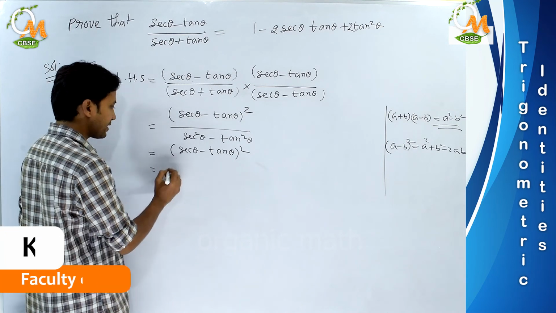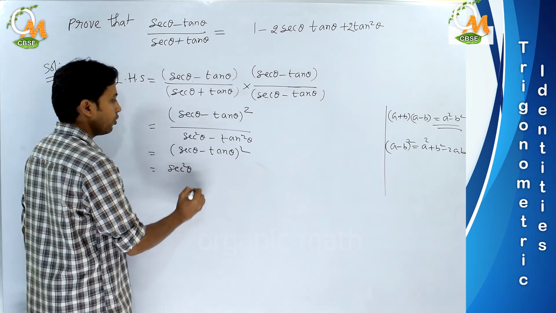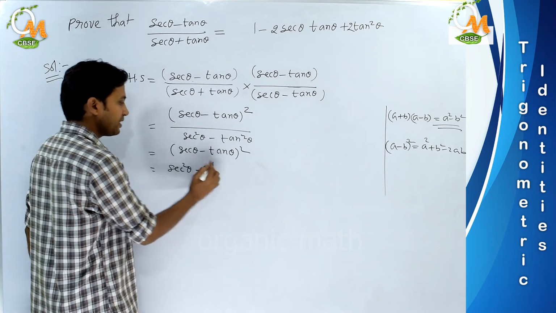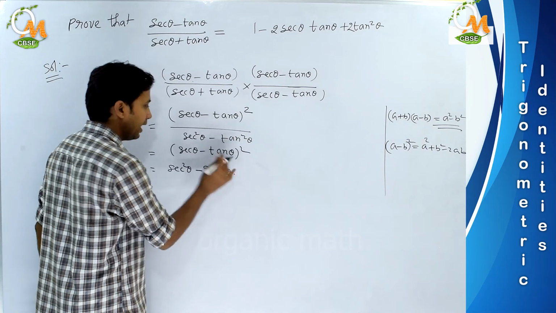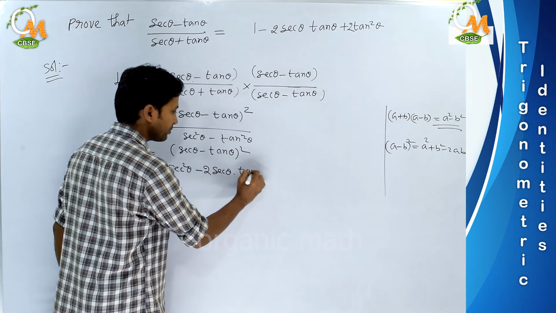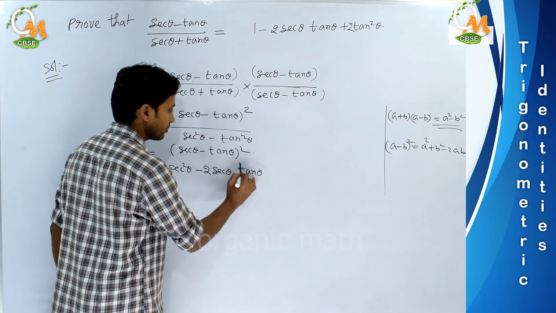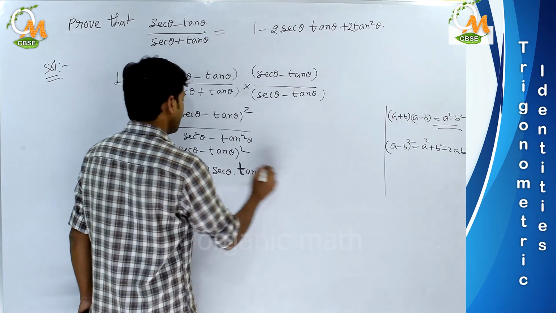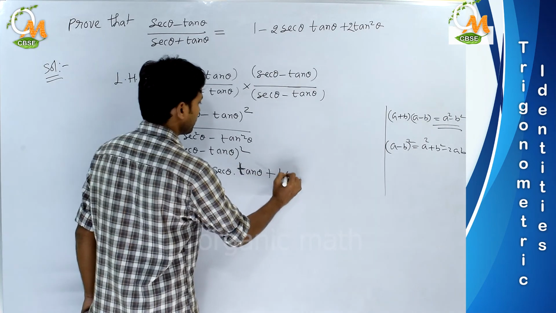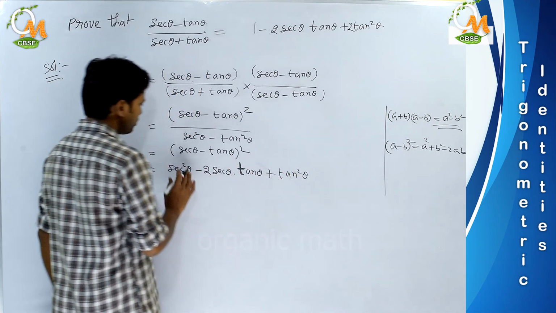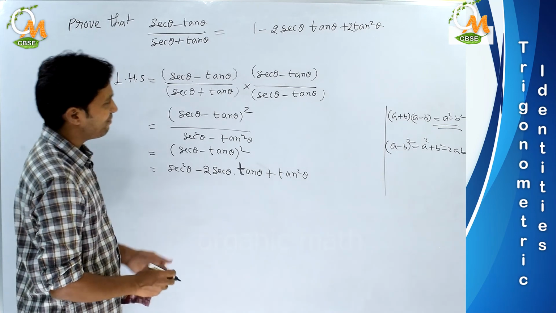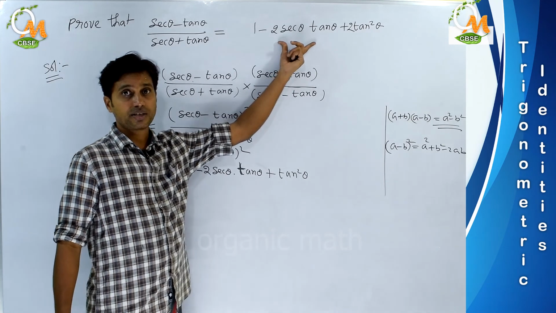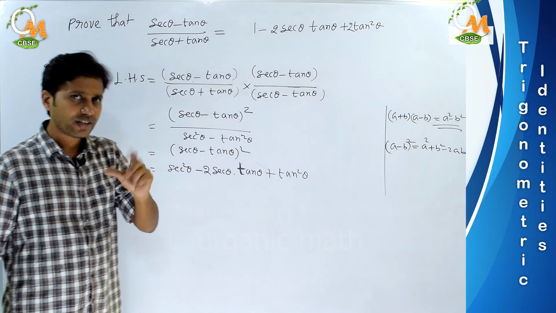A square means secant square theta, minus 2ab, that is 2 into secant theta into tan theta, plus b square means tan square theta. Now somehow we simplified this, but we didn't get the complete RHS part. So we need to do further adjustment.